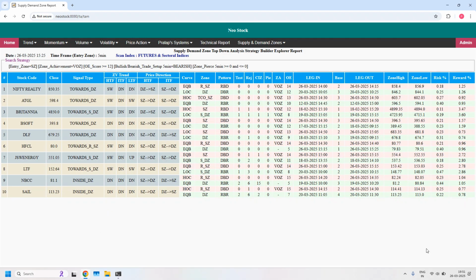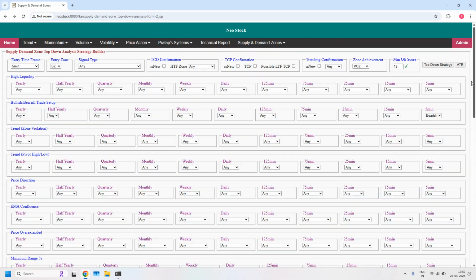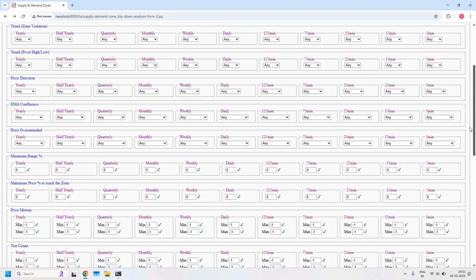Out of these 10, how many are having ITF confluence? Let us verify. That is 5 minute supply zones with 15 minute supply zone confluence, to get high probability stocks.